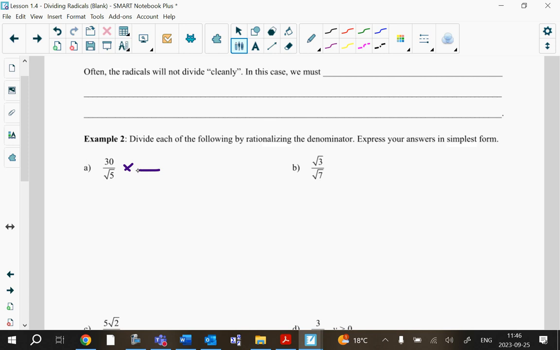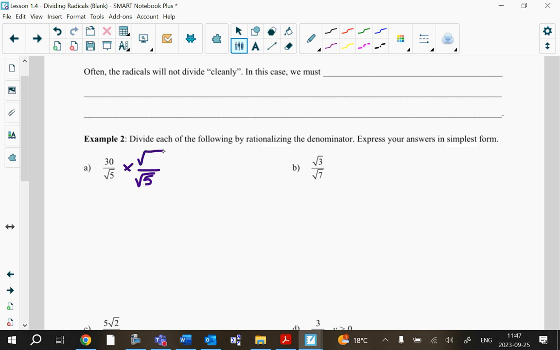If you times it by root 5, you're going to get root 25, which is 5. But you can't just multiply the bottom by root 5. Otherwise, you're going to change the whole number. Whatever you do to the bottom, you got to do to the top.